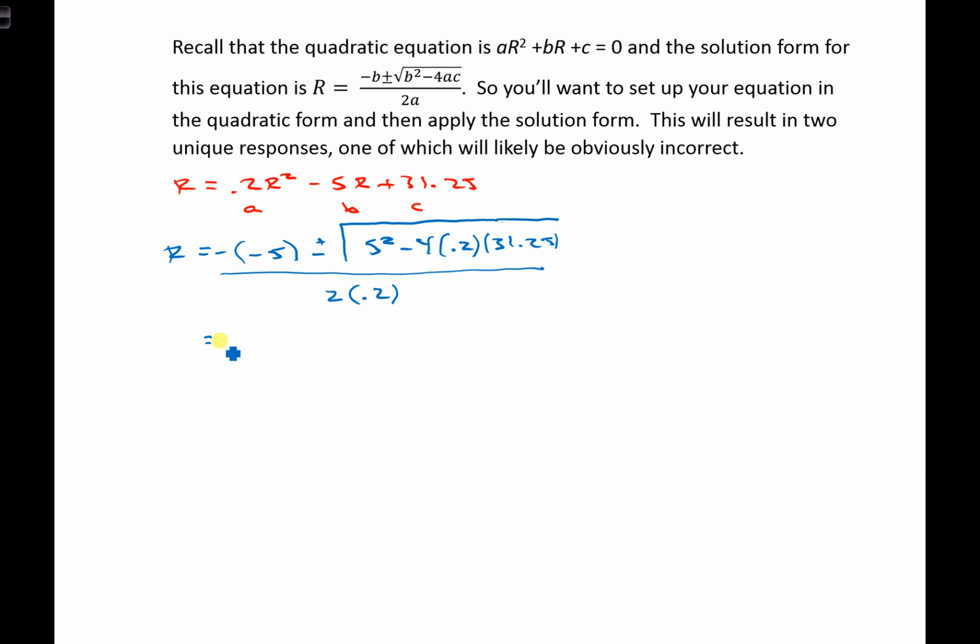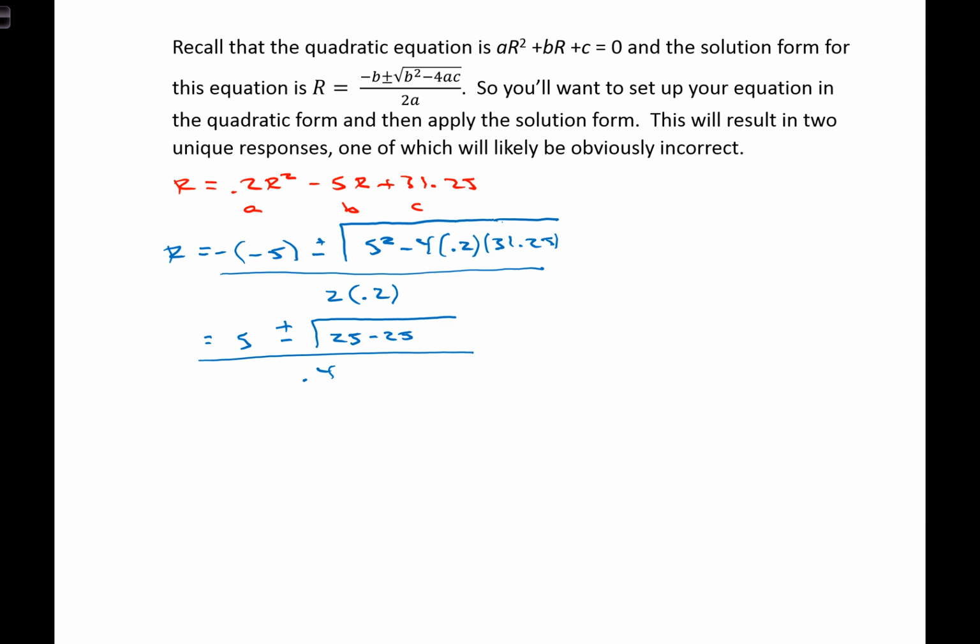So that's going to equal then 5, because the negative of negative 5 is 5, plus or minus 25, so 5 squared is 25, minus 4 times 0.2 times 31.25. Well, if you take out your calculator very quickly, 4 times 0.2 times 31.25 is equal to 25, divided by 0.4, or 2 times 0.2.